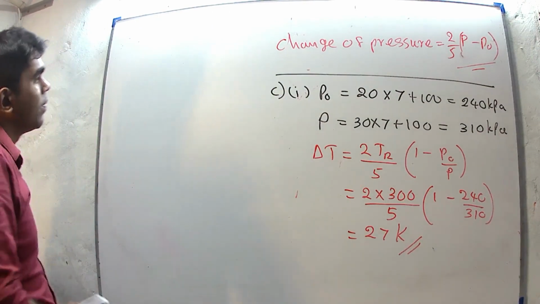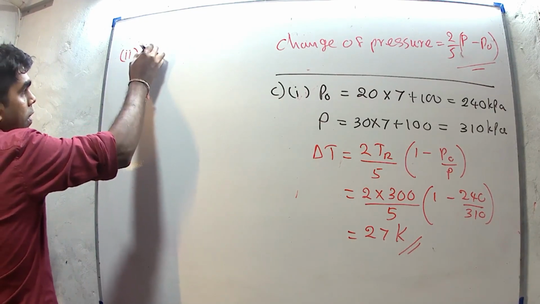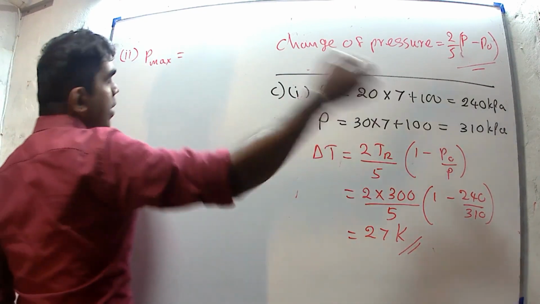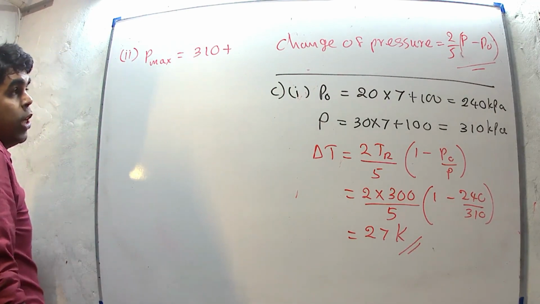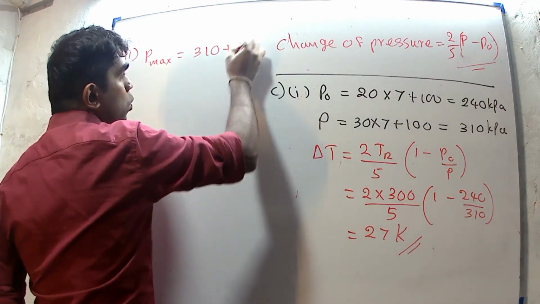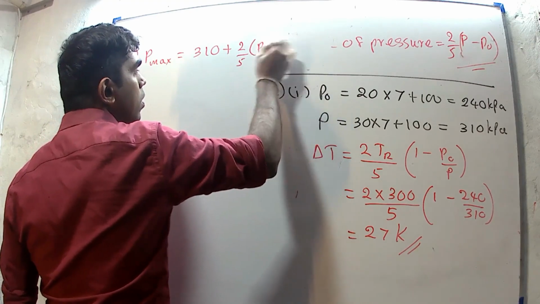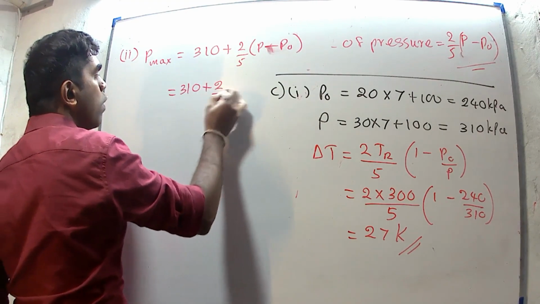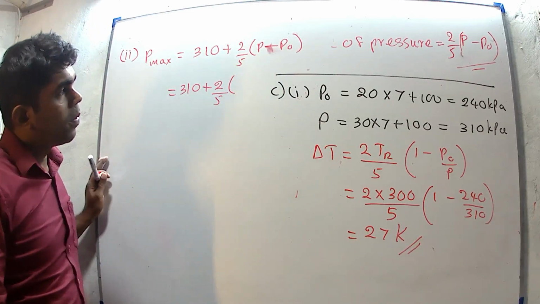But there is a temperature increment. Therefore, maximum pressure could be 310 plus the pressure change due to the temperature change. This one: 2/5 times P minus P naught. 310 plus 2/5 times P minus P naught.